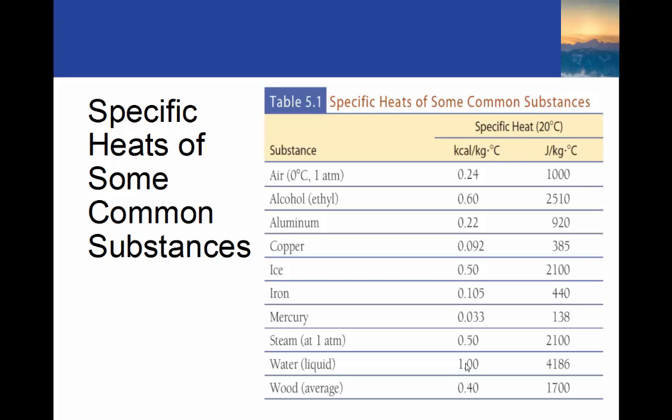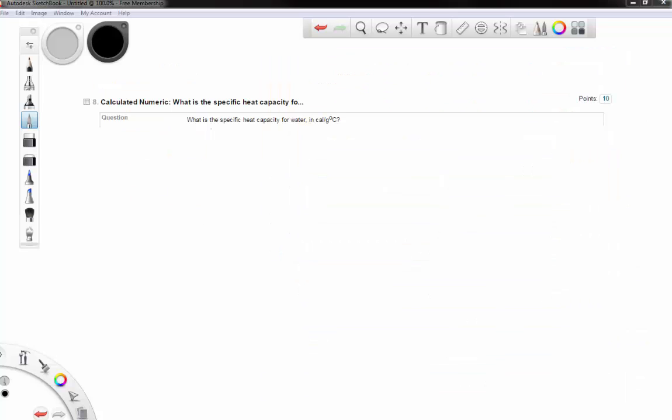What you come up with is that for water, it is 1 kilocalorie per kilogram degree C. So we have C sub P equals 1 kilocalorie per kilogram degree C. Well, the question's asking though, what is it in calories per gram degree C?